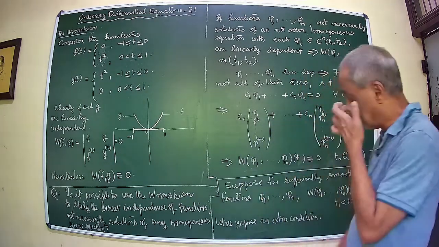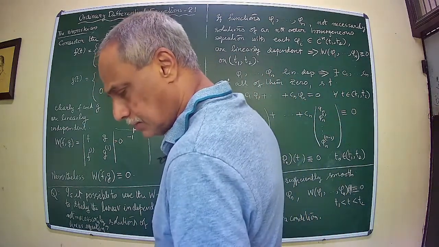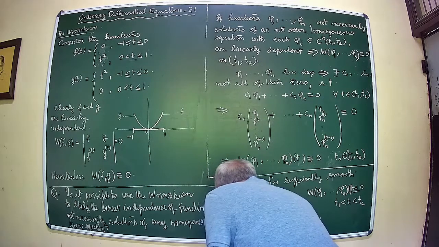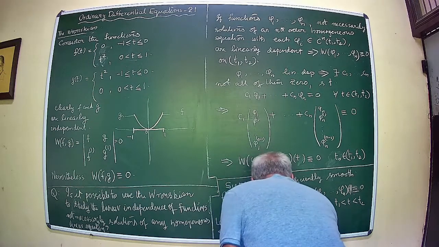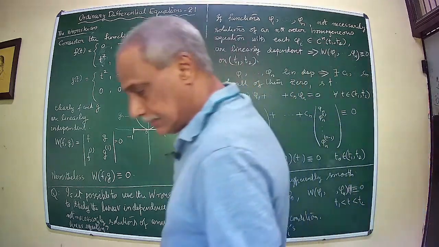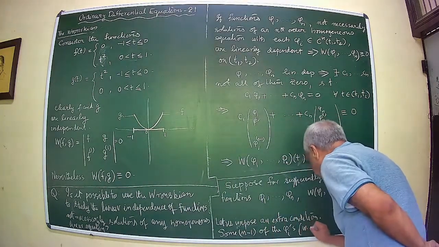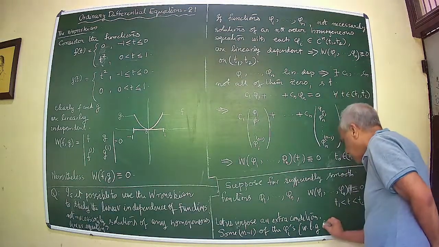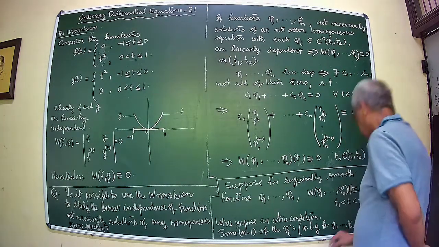What is the condition that we impose? Some n minus 1 of the phi i's, let us write without loss of generality phi 1 to phi n minus 1.